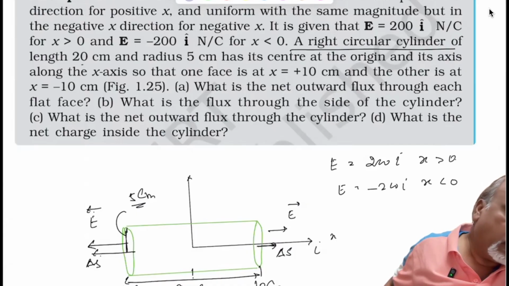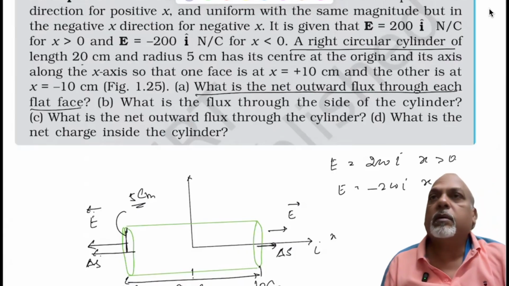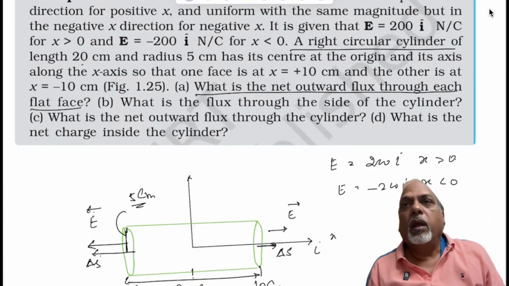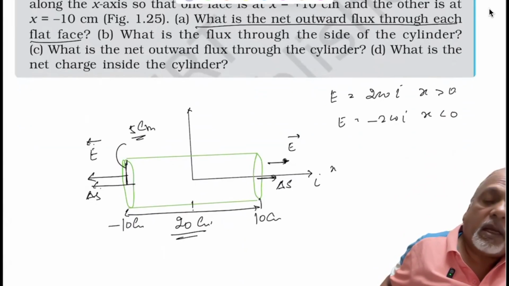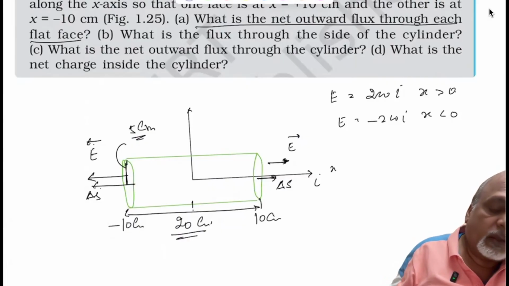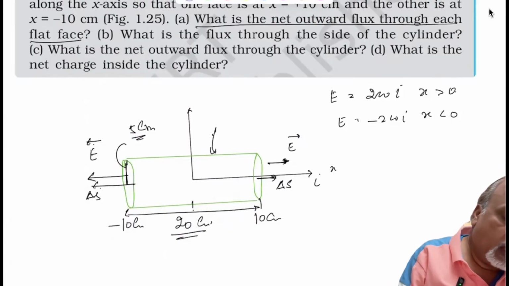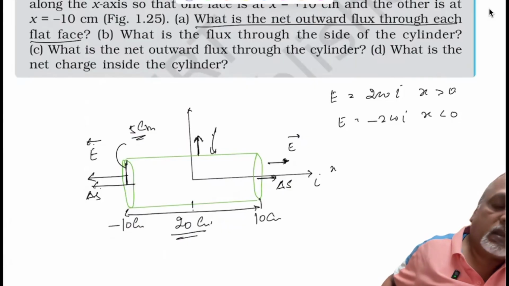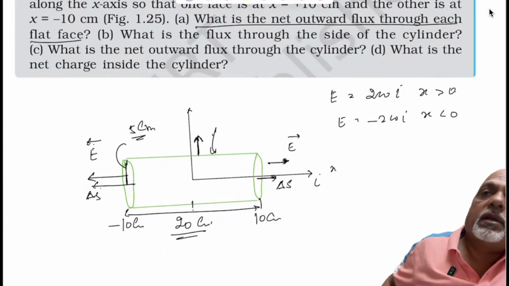This is what is given actually. Now, what is the net outward flux through each flat face? The flat face is perpendicular to the electric field, so you will have a flux moving through this. The area vector on the curved surface is perpendicular to E, so there won't be any flux out of this.